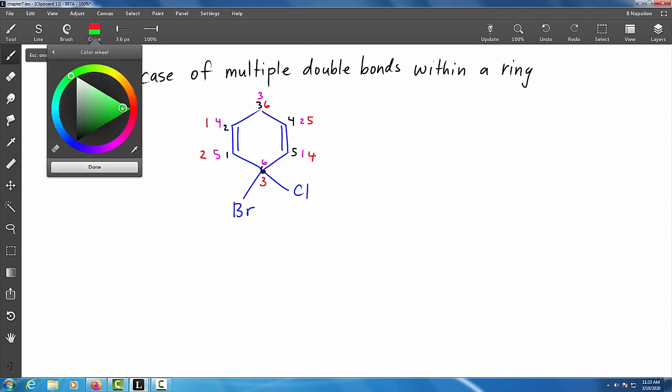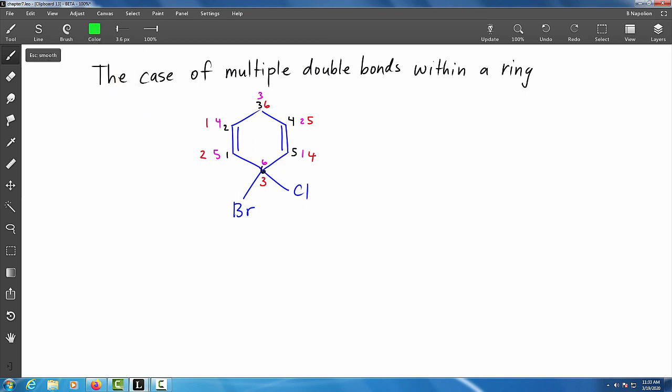Let's try a green direction. 1, 2, 3, 4, 5, 6. So this is the systematic approach that you have to take when you are trying to decide which carbons get what number, in order to name the molecule correctly.